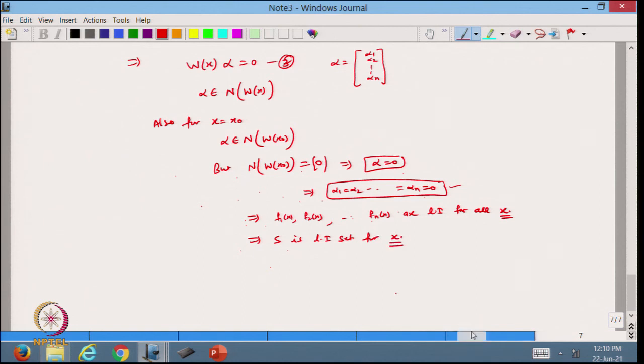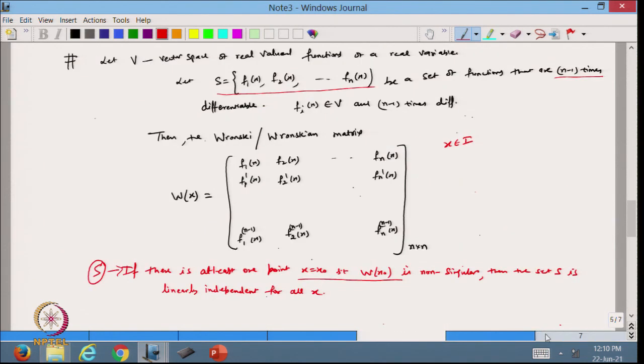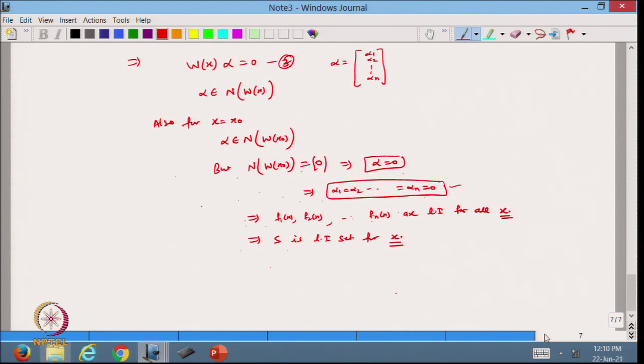So, this way we can prove whether a set of functions is linearly independent or dependent. After this we will stop here.